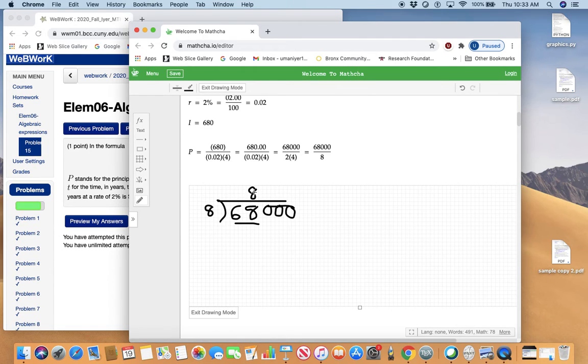So notice that 8 has to be placed over the last digit I needed. So 8 times 8 is 64. When I subtract, I get 4 and I bring down that 0. 8 times 5 is a 40. So that 0 is actually this 0. So 5 has to be written above that 0, is a 40.